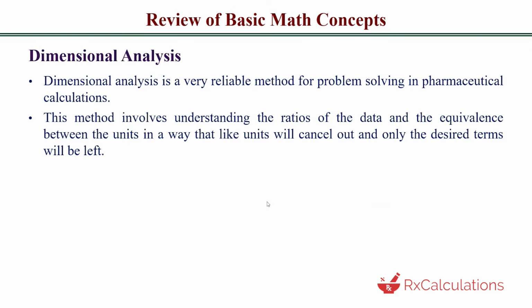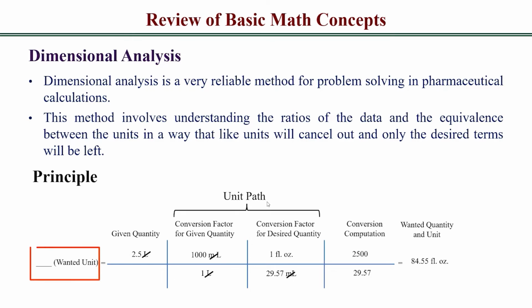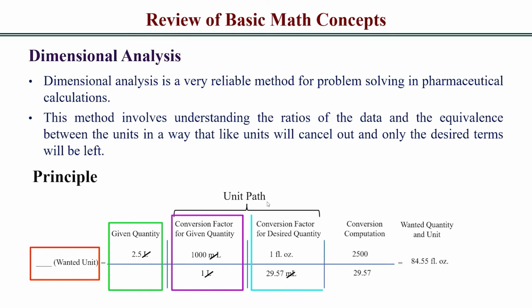Dimensional analysis involves understanding ratios of the data and the equivalence between the units in a way that like units will cancel out and only the desired terms are left. In principle, this is what it looks like. You have the desired quantity that you're looking for on the left-hand side of the equal sign, and then everything else is set up with your given quantity, your conversion factor for the given quantity, and your conversion factor for the desired quantity.